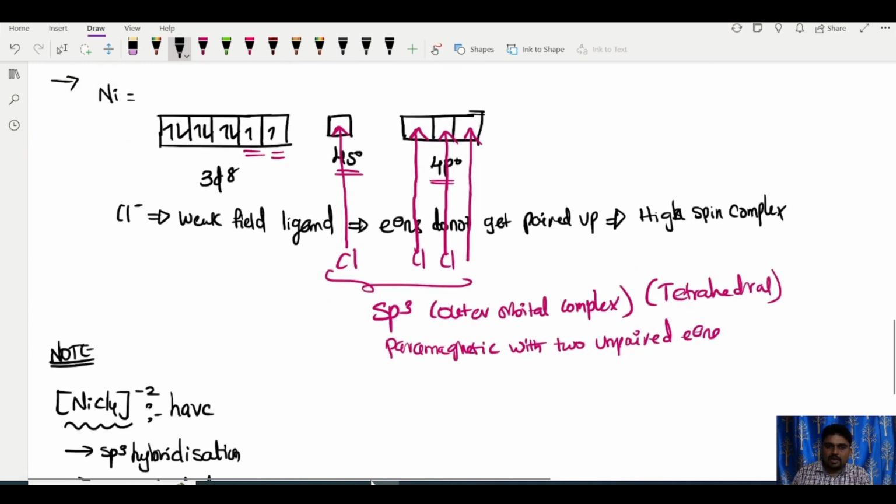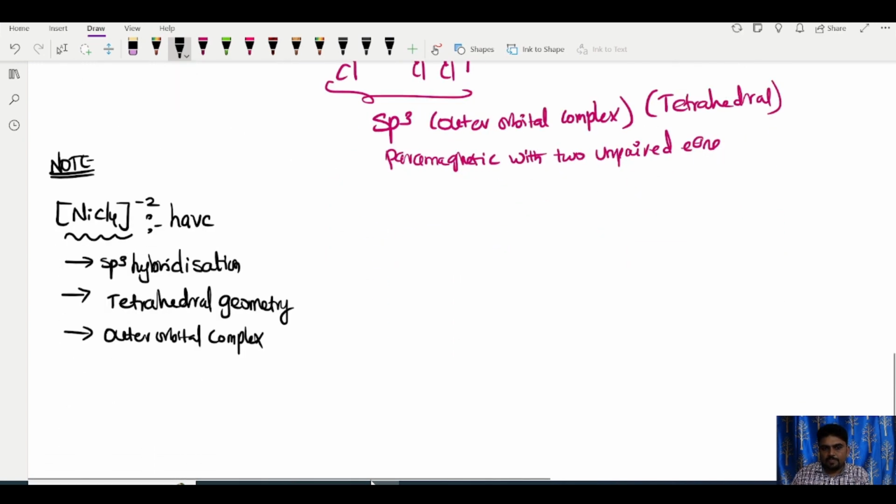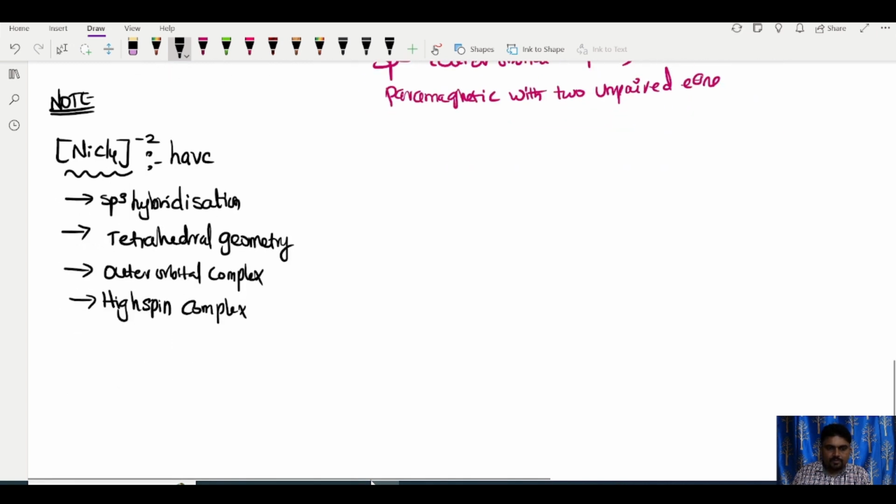The spin remains high. It is a high spin complex, and it is paramagnetic. So the n value will be 2; 2 unpaired electrons are there. So you will use the formula square root of n(n+2) Bohr magneton.